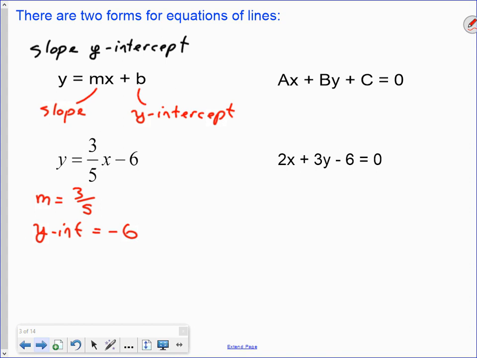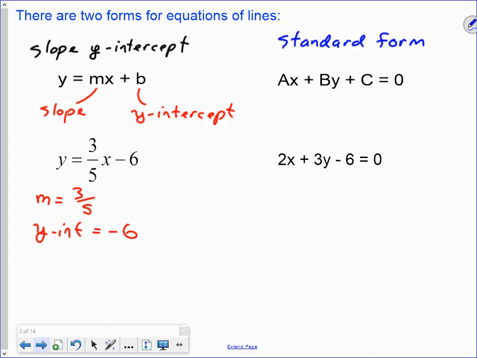All right. On the right-hand side here, this is the other form that we have to deal with. This is what we call standard form. So standard form is Ax plus By plus C equals 0.